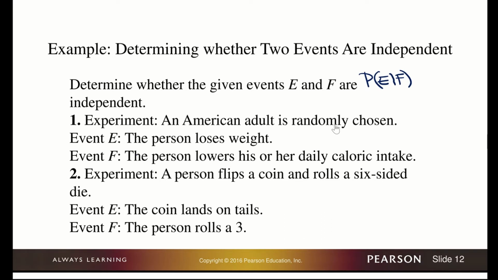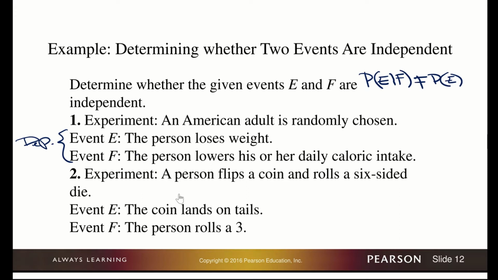So this should not be the same as the probability of the person just losing weight, right? So the probability of E, therefore, we would consider these to be dependent. So our answer would be, are these events independent? We're going to say no, they're not independent, right?